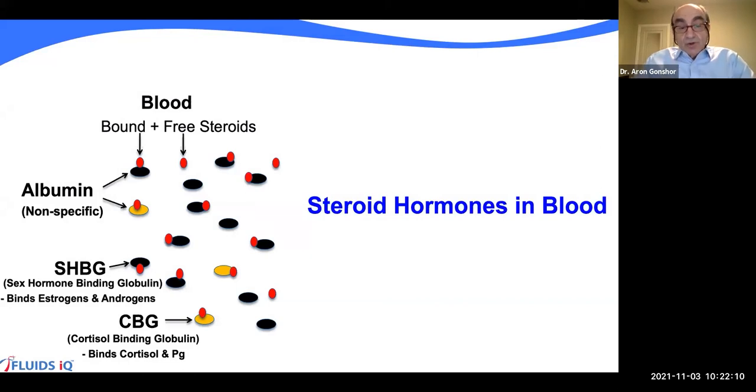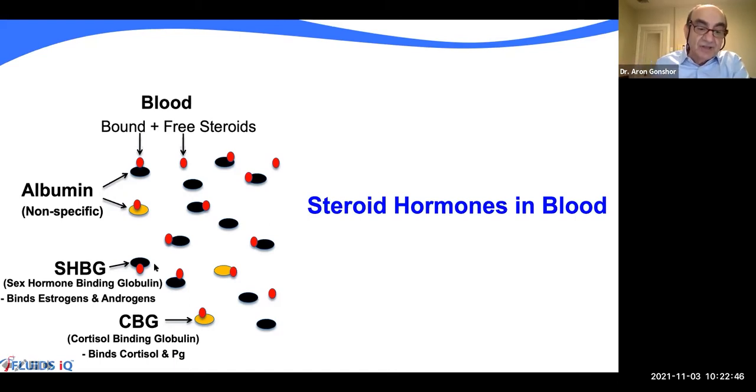Well, when you're looking at steroids, or for that matter, many other types of entities in blood, you're looking at both the bound and the free steroid. Now, what does that mean? Well, the free steroid is sitting in the blood, but very quickly, most of it gets bound up with various other proteins, which become the carriers for that particular steroid entity. You can have non-specific binders like albumin, which is a ubiquitous protein that is going to bind a lot of these.